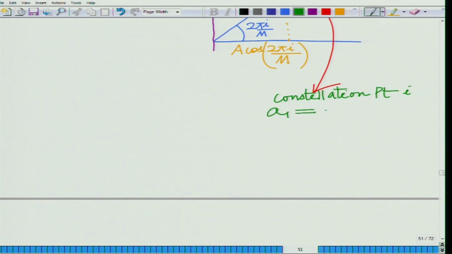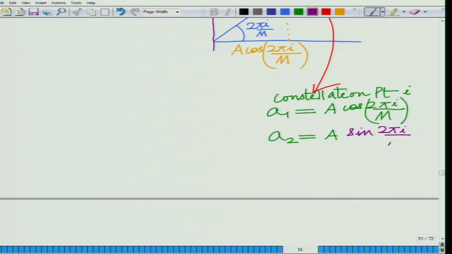A1 is the x coordinate, which is A cosine 2 pi I divided by m. A2 equals A sine 2 pi I divided by m.